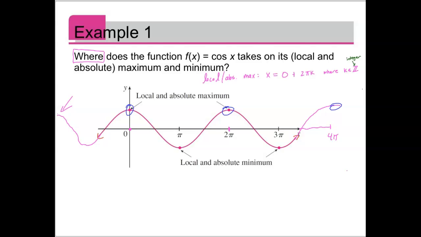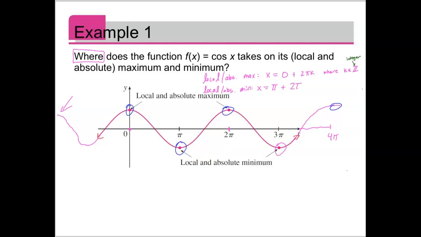All right. Local minimum / absolute minimum, same deal. We'll create a pattern, but we're going to have a different starting point. So let's just start it from here. You can see the minimum occurs at pi plus, again, if I add 2 pi to that, I would get my next minimum.